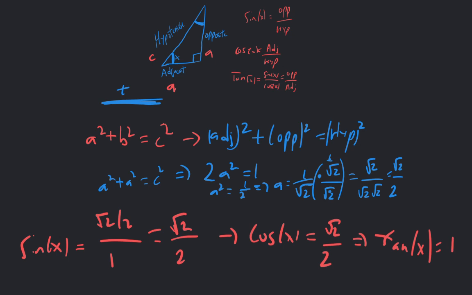Sine and cosine are ratios, as defined here. So if we change the angle a little bit, the leg length is going to change.